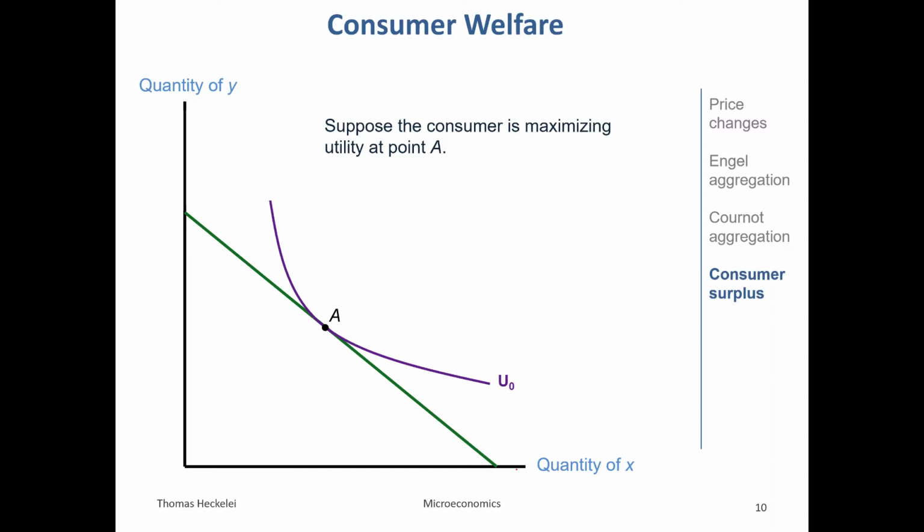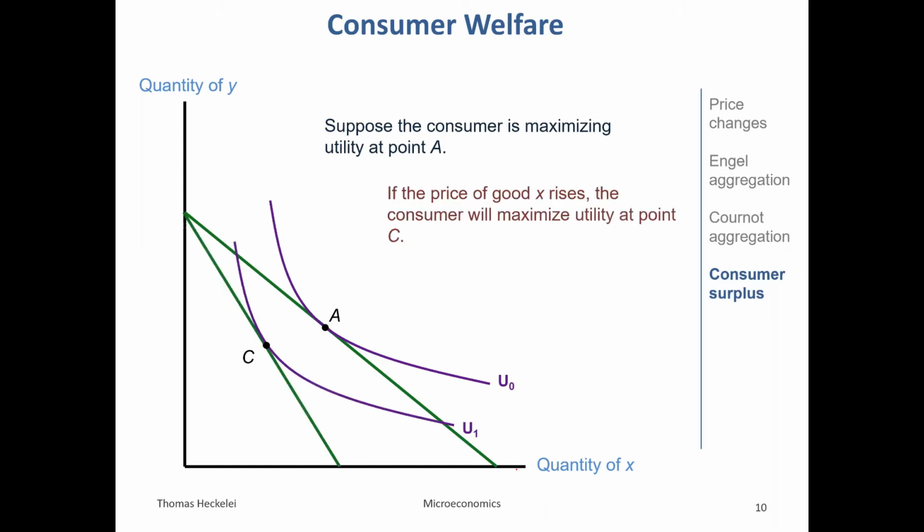So to refresh the graphical illustration of the price change on the utility maximization problem, this is what we have. Suppose we have a consumer who maximized utility already at point A. That is the initial utility maximizing point. Now, if the price of a good, let's say X, rises, the consumer will maximize utility at point C. Why?